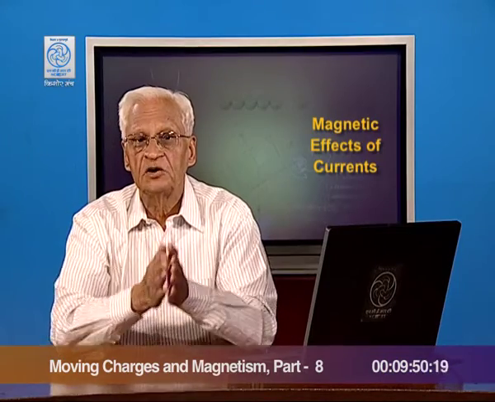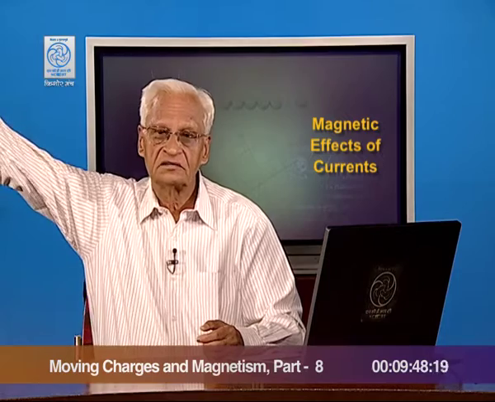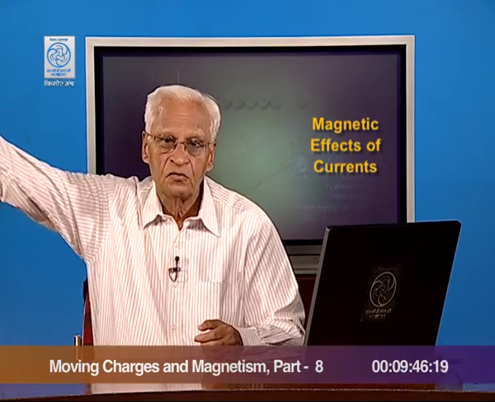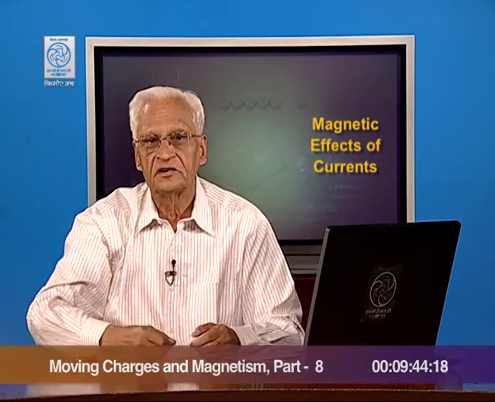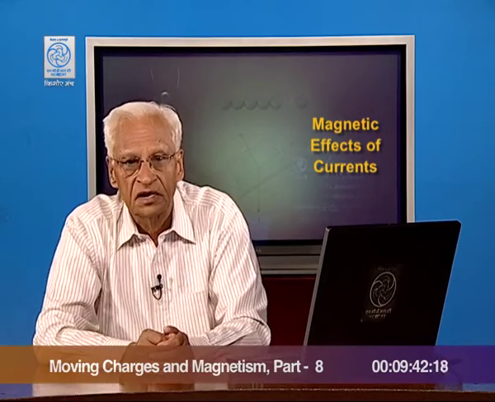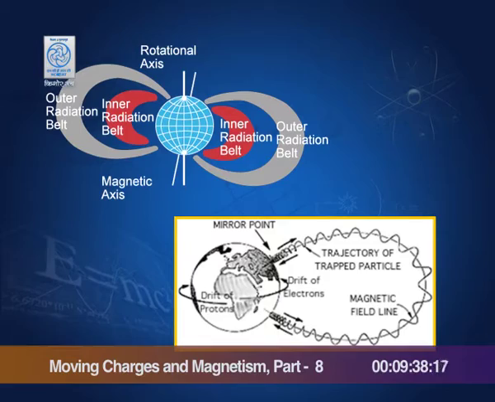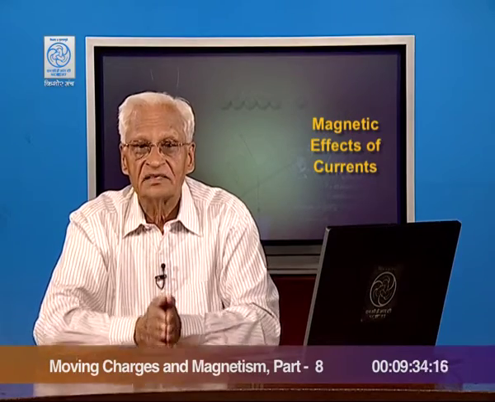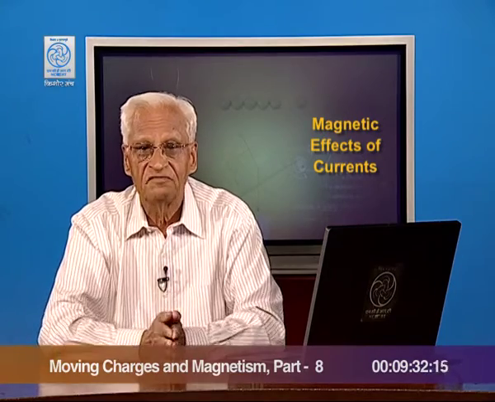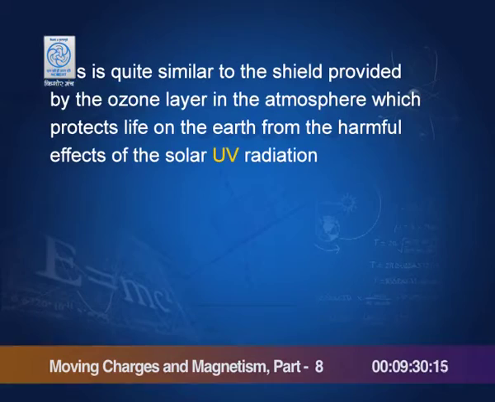If the magnetic shield were not there, the very high energy particles would simply come and hit whatever life is there on the earth, and they would destroy that. So, this magnetic shield is very important for us, because it has allowed life to develop on the earth.